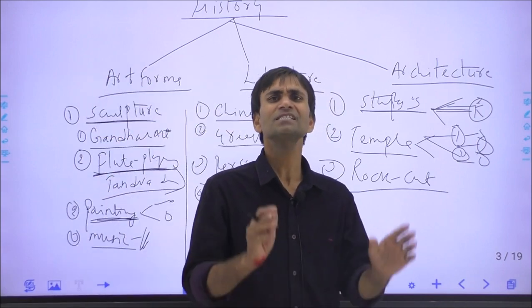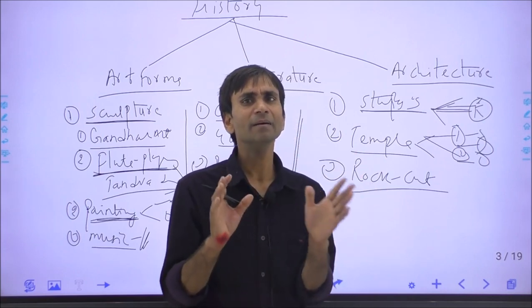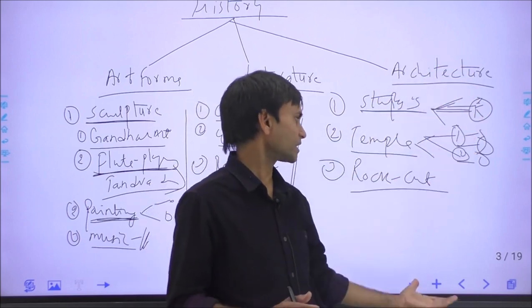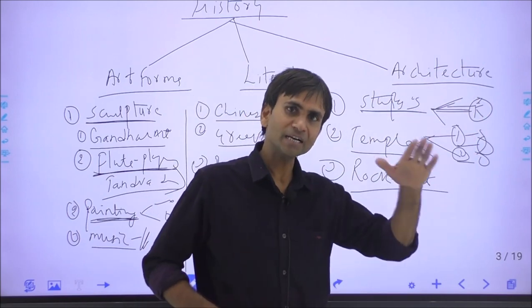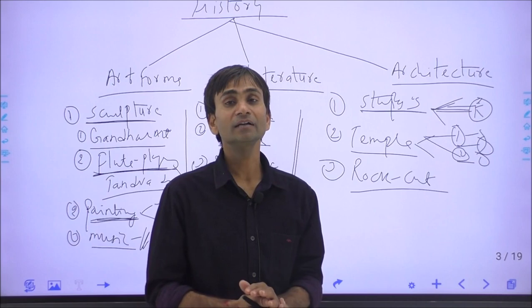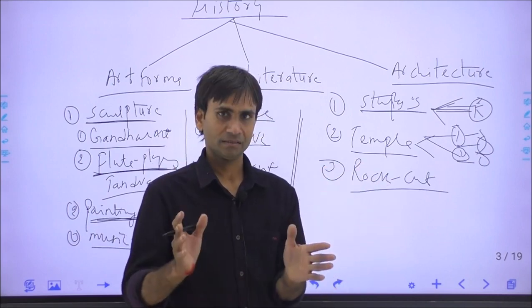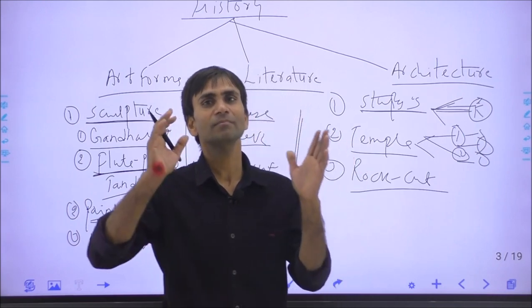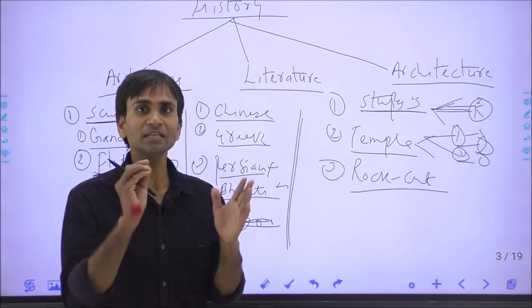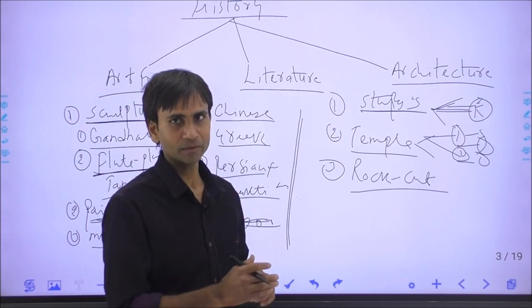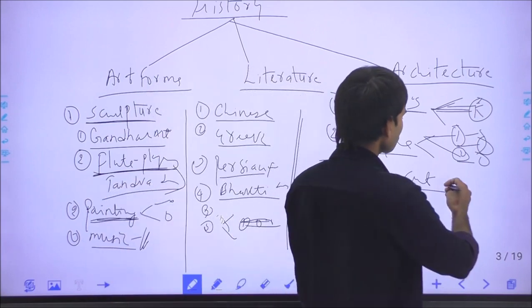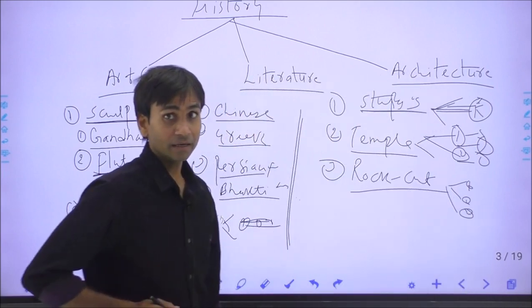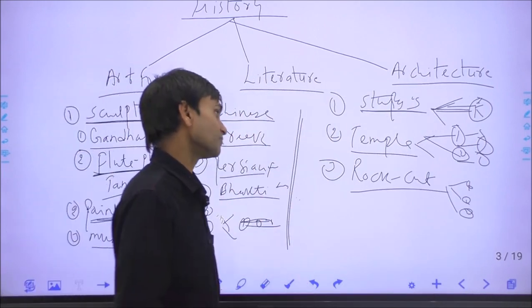The Barabar caves were started by the Mauryan Emperor Ashoka, and later many rock cut structures were built in India, such as the Badami caves under the Chalukyas of Badami, and the Rath temples under the Pallava rulers in Tamil Nadu. Narasimhavarman I built the Rath temples at Mahabalipuram. So what are the main features of rock cut architecture? You have to prepare these topics. Questions have definitely been asked and may be asked in future.